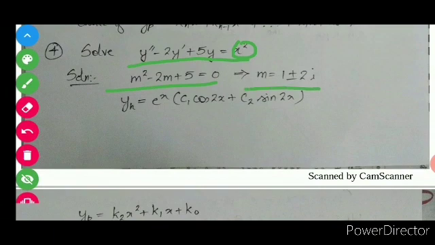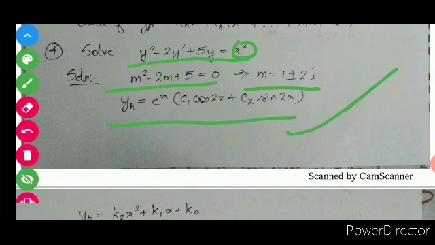The roots of the characteristic equation are m equal to 1 plus or minus 2i. So the solution of the corresponding homogeneous part will be e raised to x into c1 cos 2x plus c2 sin 2x. You should have studied how to solve the homogeneous differential equations by now. So this part is done.